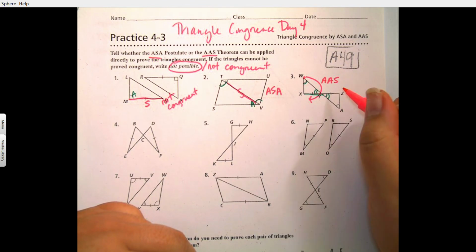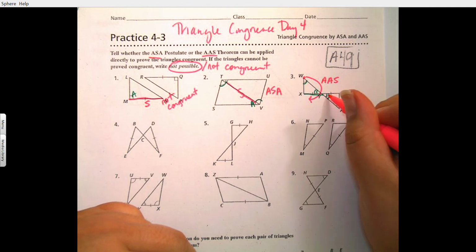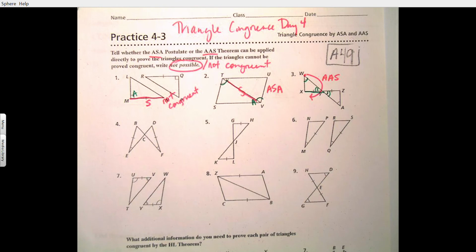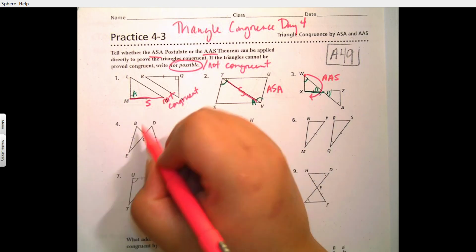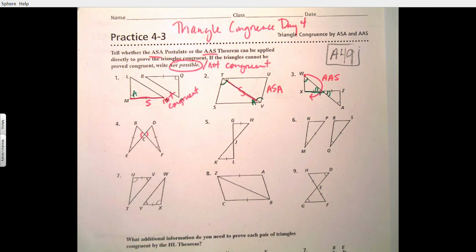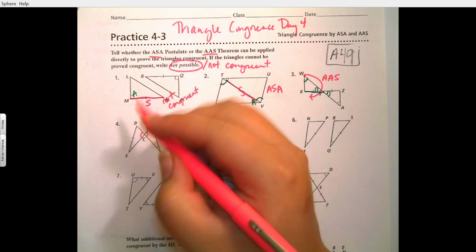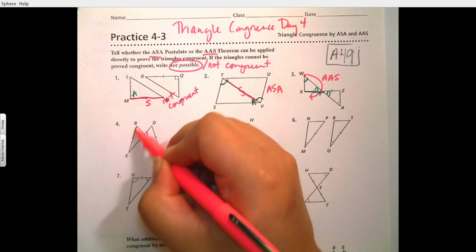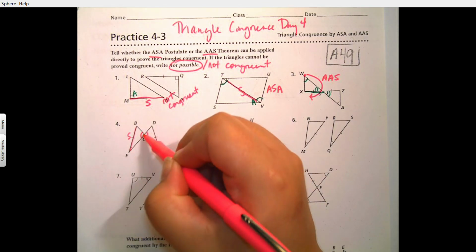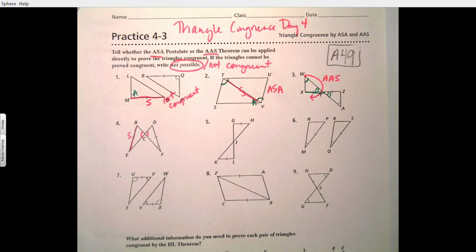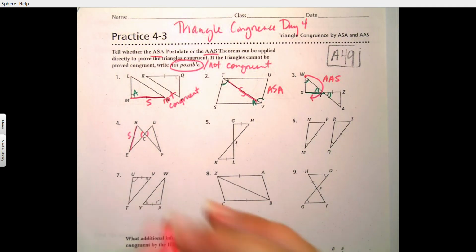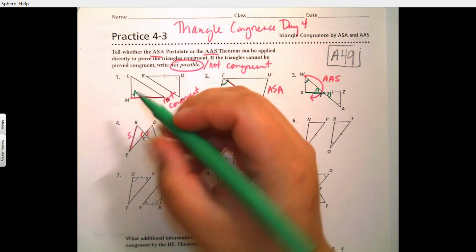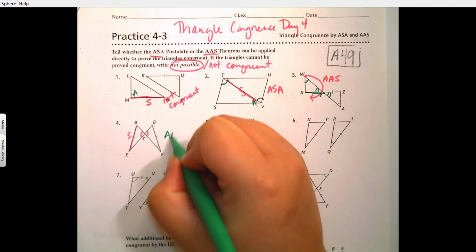Okay, I see secret vertical angles here. I see side, angle, angle, which is really angle, angle, side. So I again see angle, angle, side.